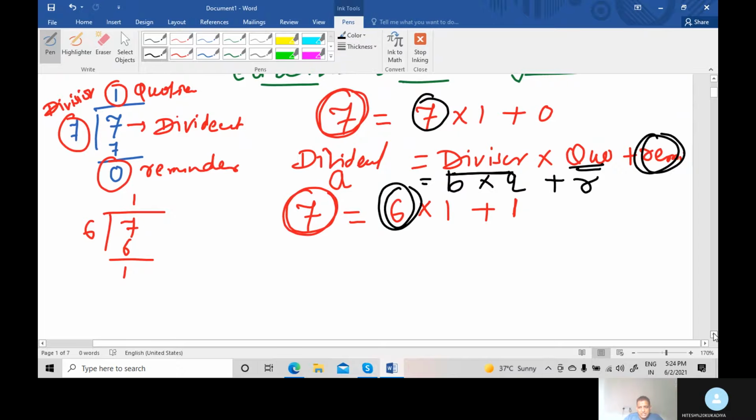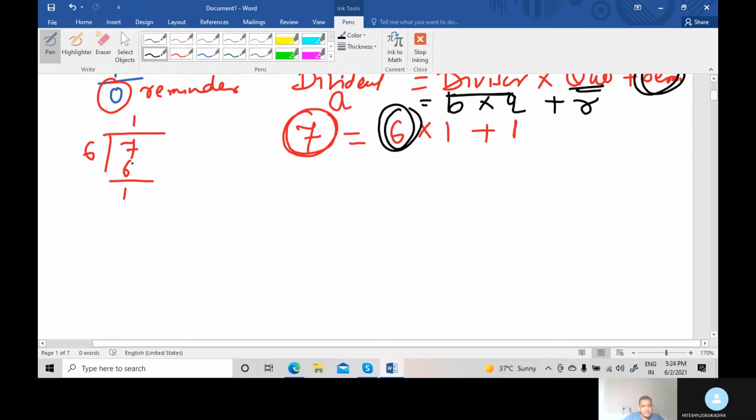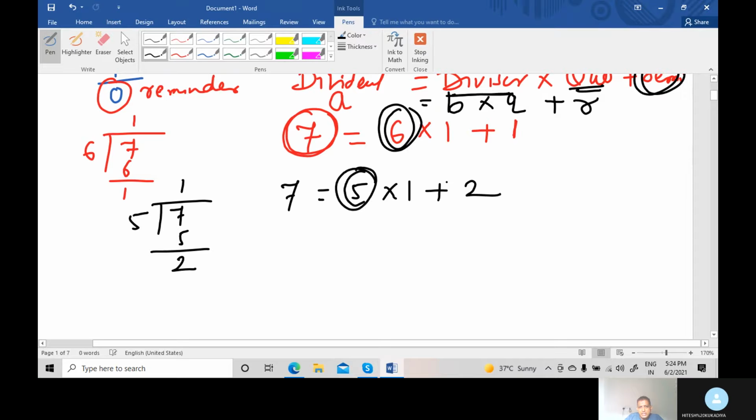Look here. Continue. Now 7 divided by 5. 5 ones are 5, remainder 2. So 7 equal to 5 into 1 plus 2. Okay. This one is B and this one is the remainder R. Look at the relation between these two numbers.